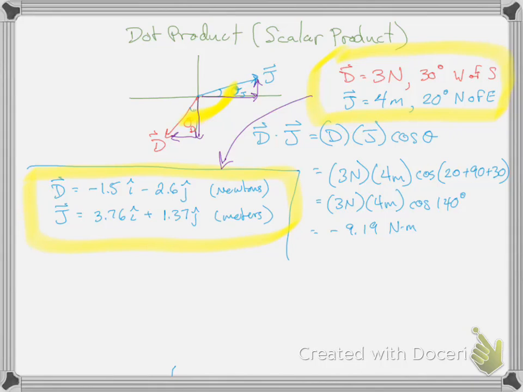So if I want to find D dot J, this is just like multiplication, right? D is minus 1.5i minus 2.6j dot J, which is 3.76i plus 1.37j.